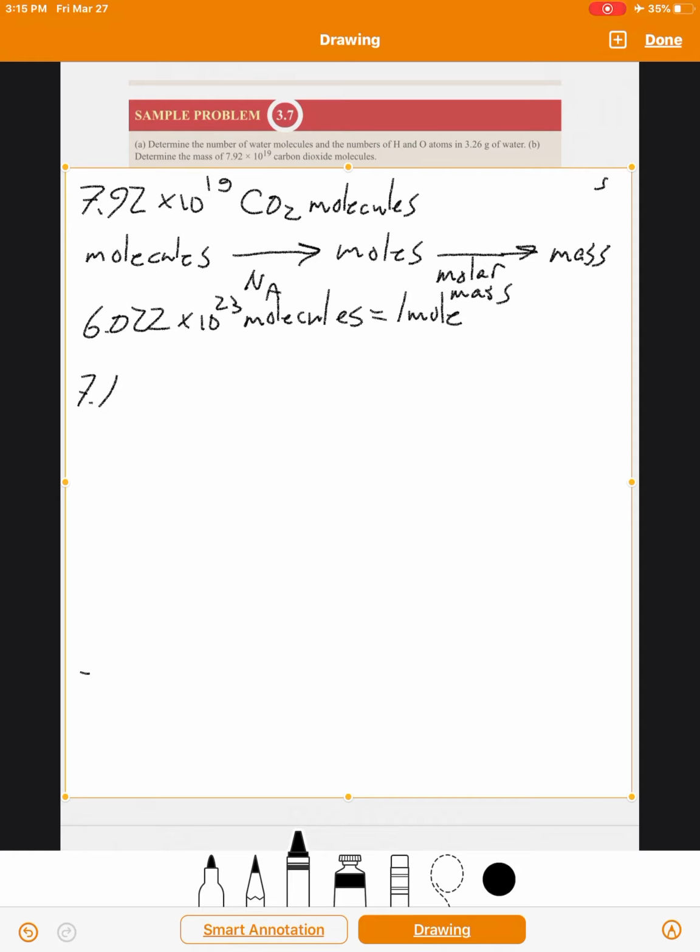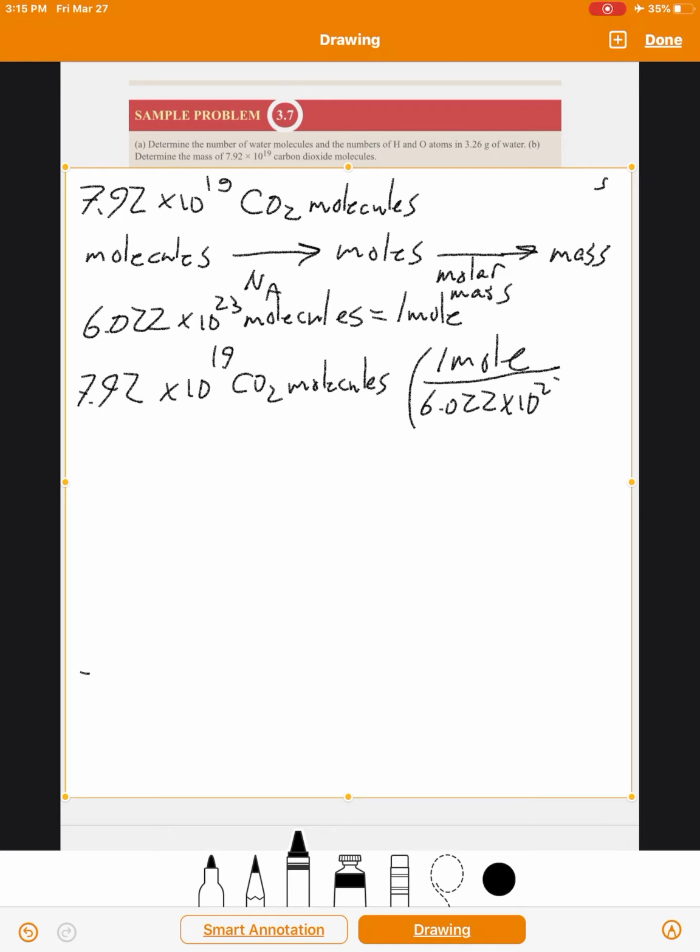So 7.92 times 10 to the 19th CO2 molecules. And then we want to convert it to moles, so mole goes on top in the numerator. We're using Avogadro's number as a conversion factor. So the molecules cancel.